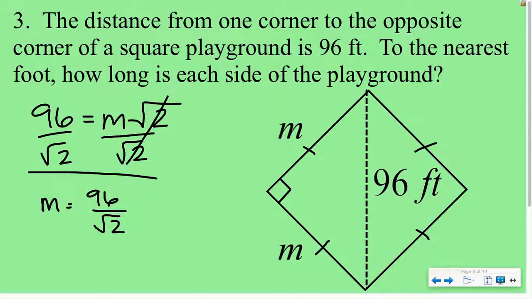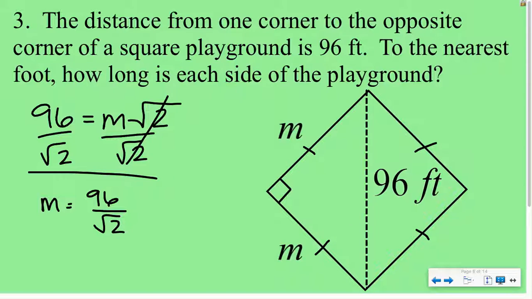How do they want our answer on number 3? Do they want the exact length or an approximated length? Approximated, which means you get to use what device? Your calculator. There is no need to rationalize this if you're going to end up using your calculator anyway. You can just throw in your calculator 96 divided by the square root of 2, and that will give you your rounded answer.